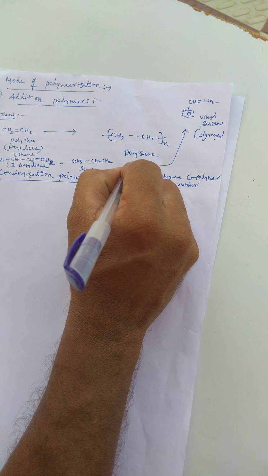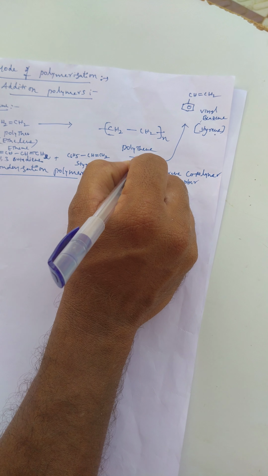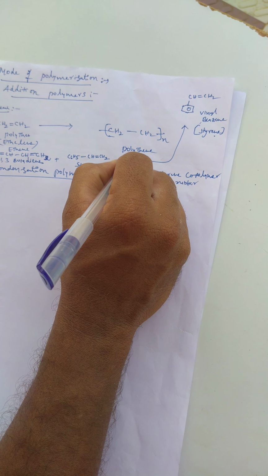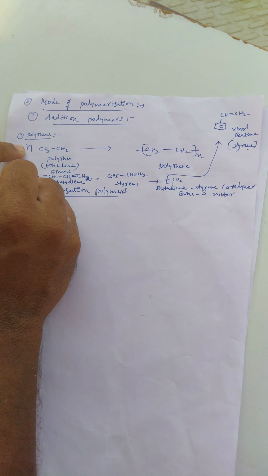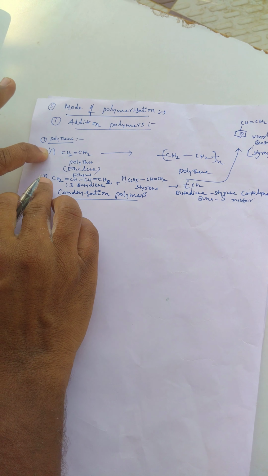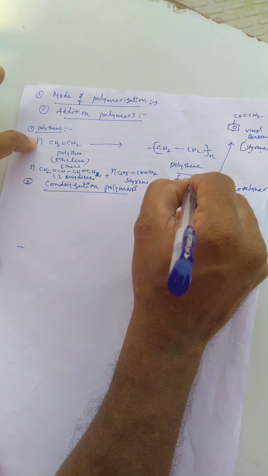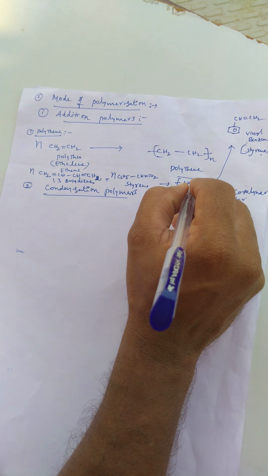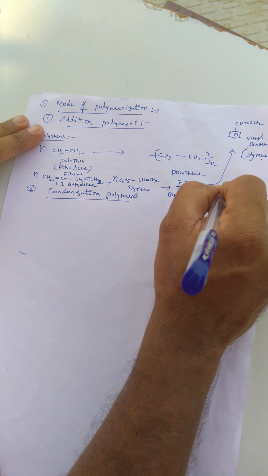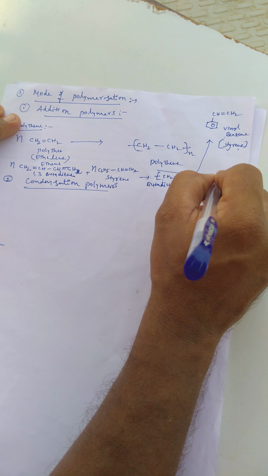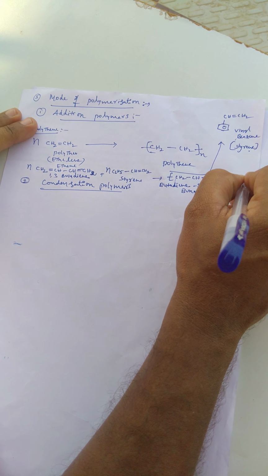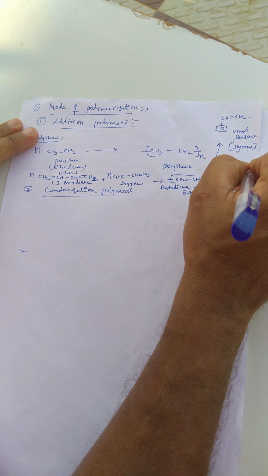You see the polymer here. From here I have to start. CH2, when you are writing, children, you must write n number of 1,3-butadiene and n number of styrene molecules. Here the double bond will shift: CH=CH, CH2, CH2, CH, C6H5.